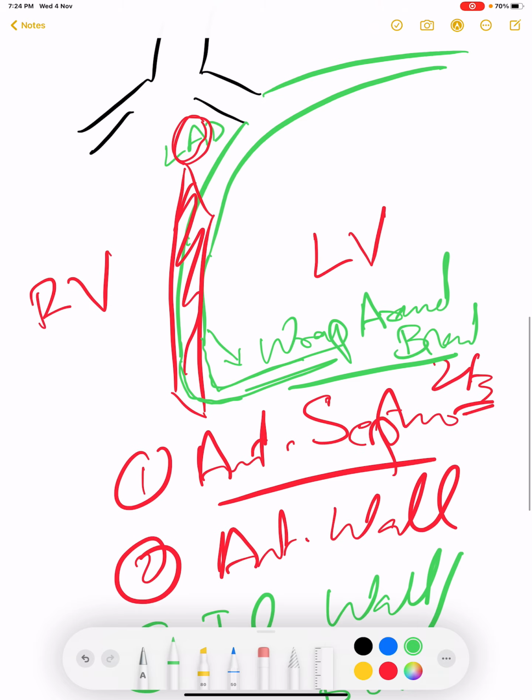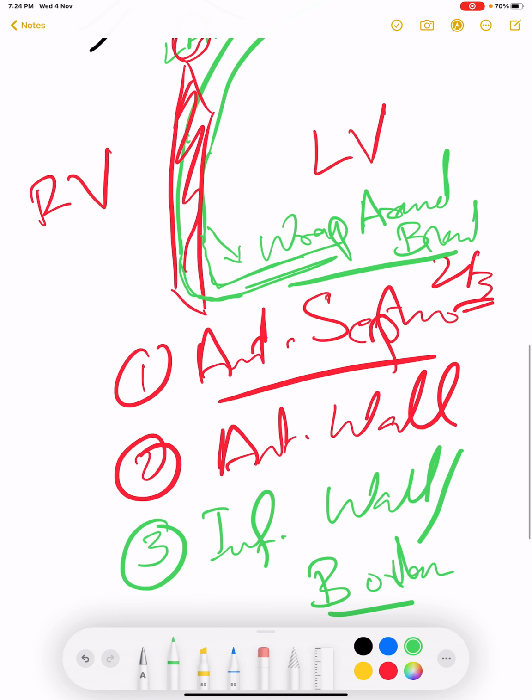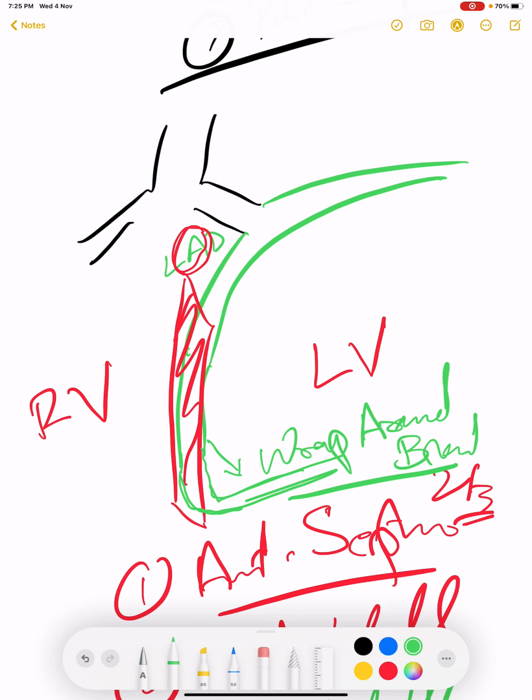Okay, so what are the structures supplied by left anterior descending artery? Basically anterior wall, anterior portion of the septum, and sometimes inferior wall and border. There are some branches which originate from left anterior descending.